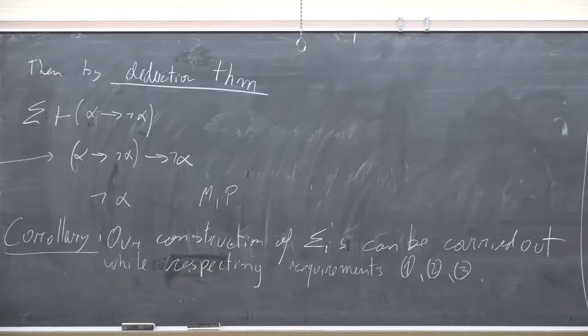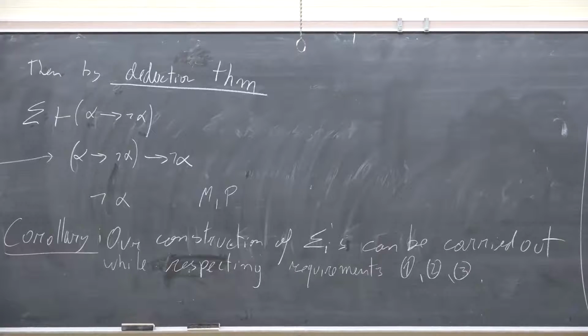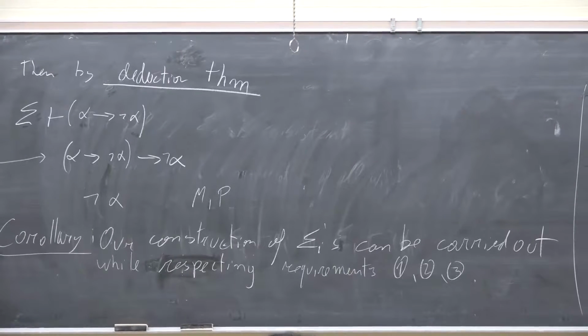When we do our construction, we go to the next step and construct sigma I plus 1. It is not going to be inconsistent.